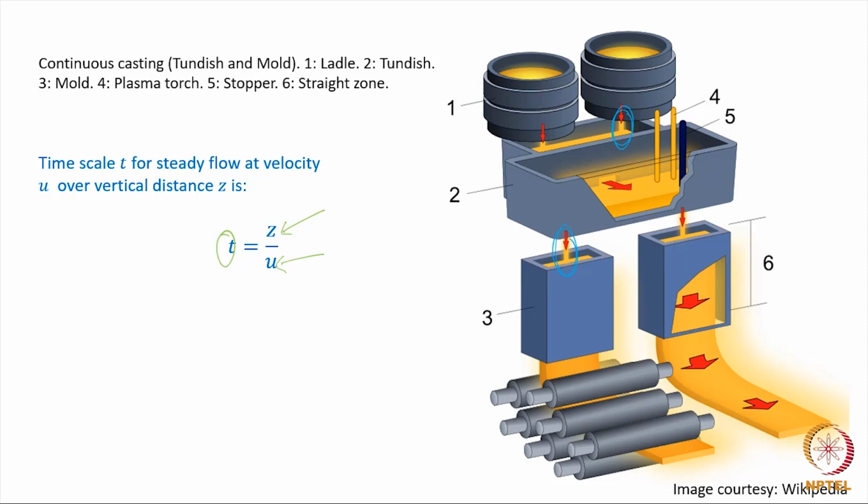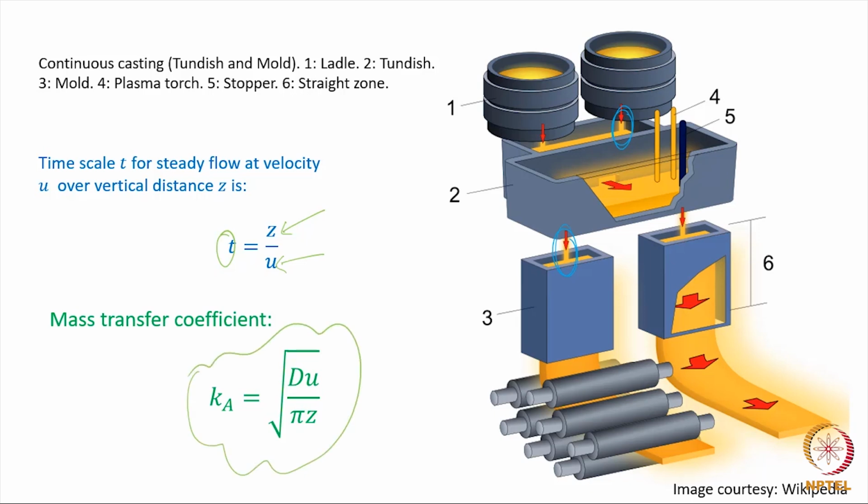At that juncture there will be a solute transfer and perhaps oxygen pickup, for example, and we may want to evaluate what would be the mass transfer coefficient that is relevant. So instead of t, we can use z by u and substitute, so that the instantaneous mass transfer coefficient is then given by root of du by pi z in situations where there is a flow of metal at steady velocity u and over a distance z.